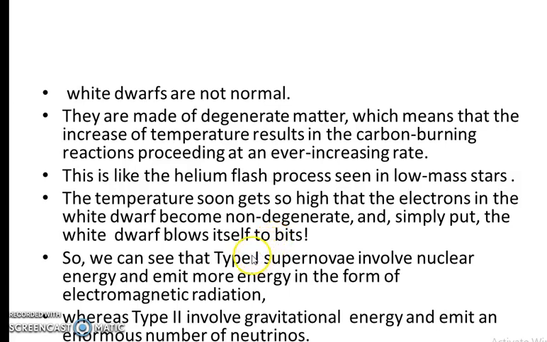So this type 1 supernova involves nuclear energy and it emits energy in the form of electromagnetic radiation. But the type 2 supernovae involve gravitational energy and it emits an enormous number of neutrinos. So this is another difference between type 1 and type 2.